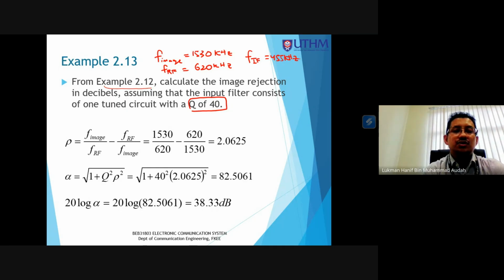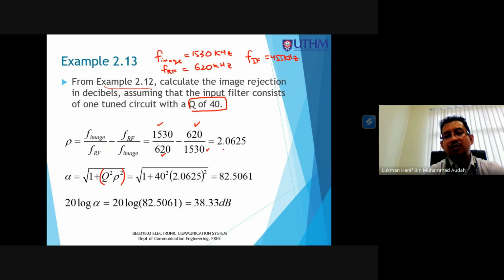In order to find the image rejection ratio alpha parameter, we have to know the Q parameter and also the rho parameter. The rho parameter is equal to F image divided by FRF minus FRF over F image.